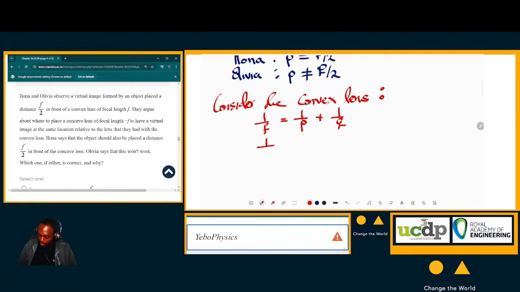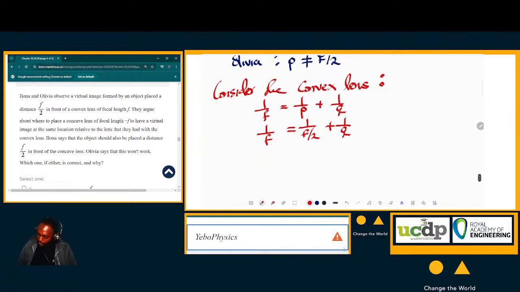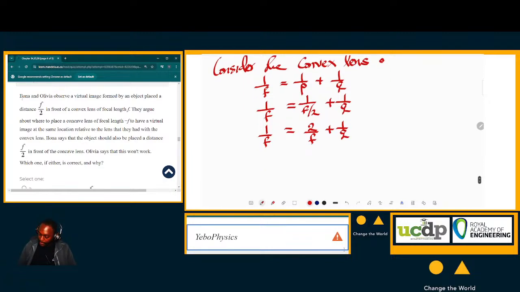Substitute, that's 1 over f. This is going to be 1 over f/2, which is 2 over f, plus 1 over q. And this will be 1 over f equals 2 over f plus 1 over q. If you make 1 over q the subject, it's going to be 1 over f minus 2 over f.